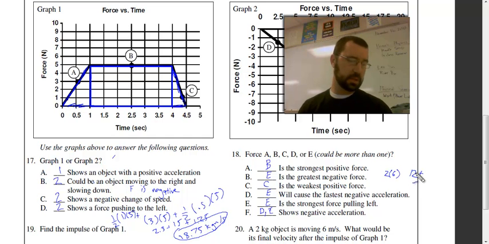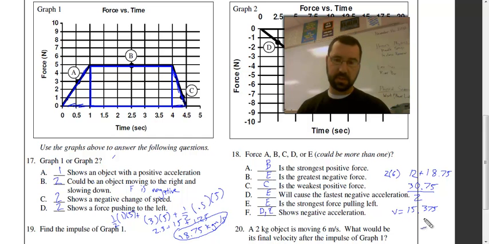It's going to experience an impulse of 18.75, which means that its final momentum is going to be 30.75. That's not our answer, because we're looking for the final velocity. Remember, it's a 2 kilogram object, so if we divide that by 2, then we get our answer, and our answer is that V is going to be equal to 15.375 meters per second. And that's it.